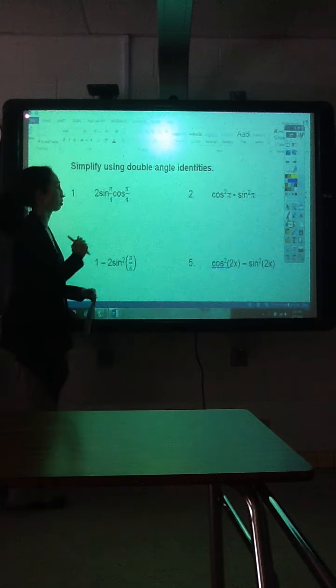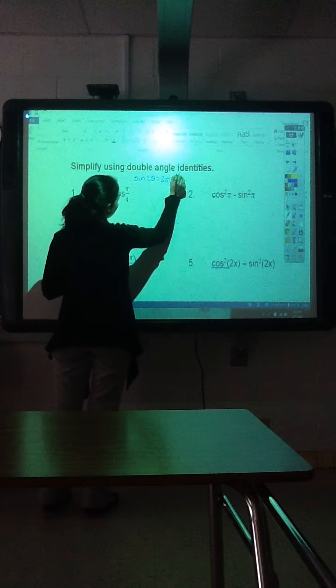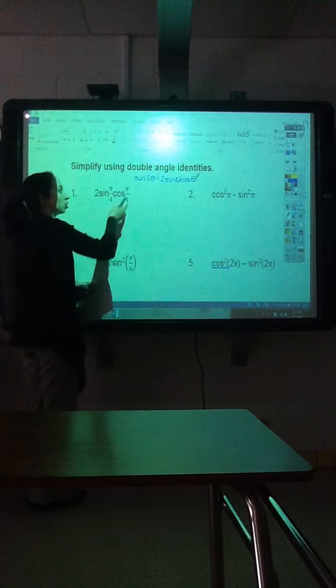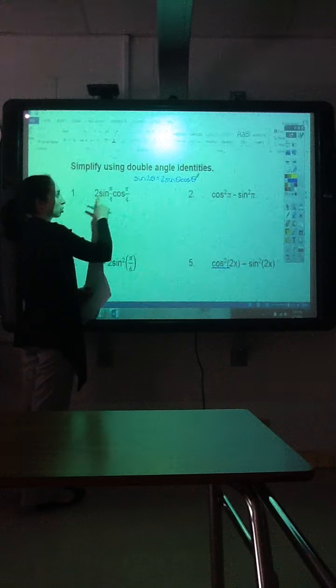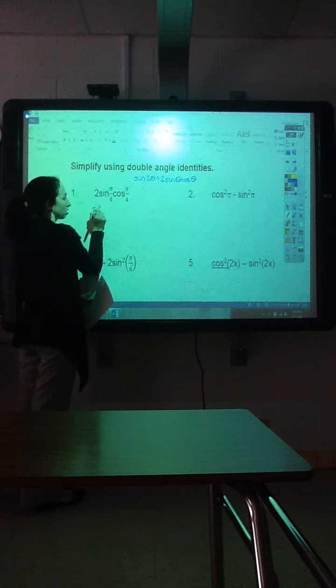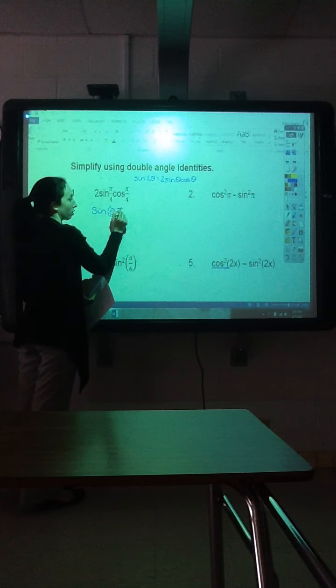So this looks very similar to where we had written above sine of 2 theta equals 2 sine of theta cosine theta. So what I'm going to do is condense this into this format. So this, because it's 2 sine cosine, becomes the sine of 2 times the angle, which is pi over 4.